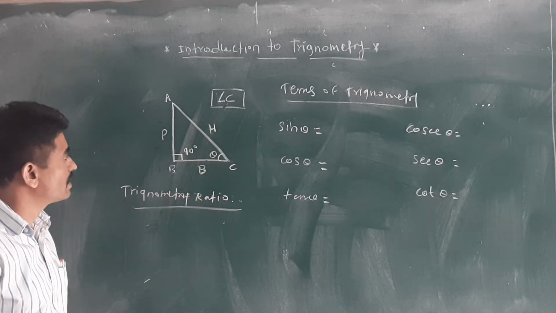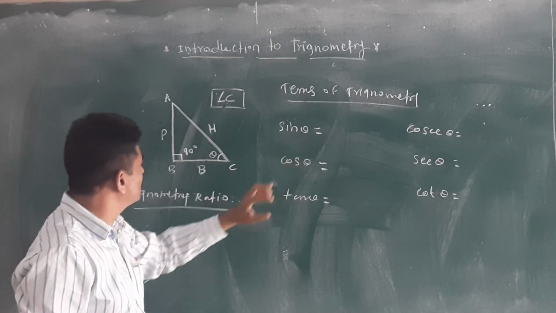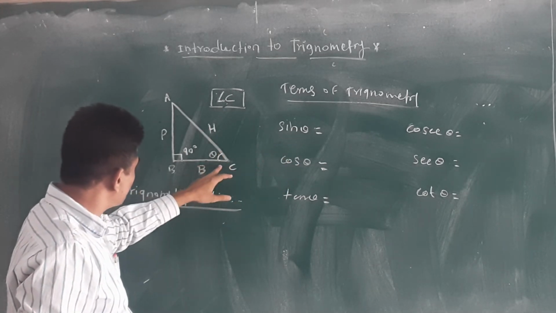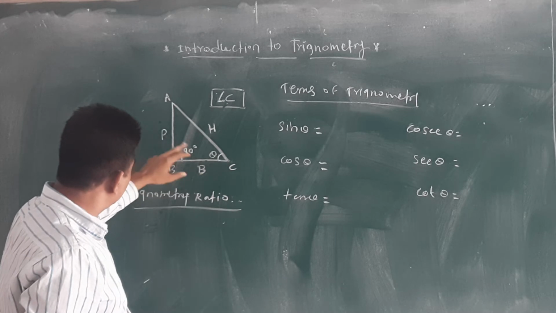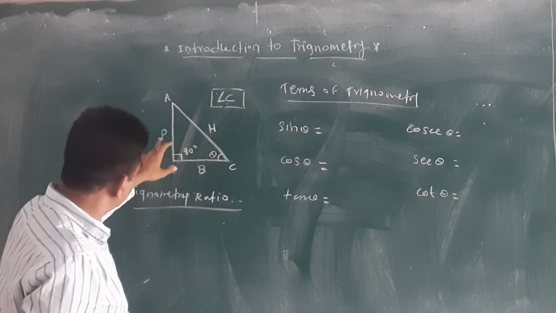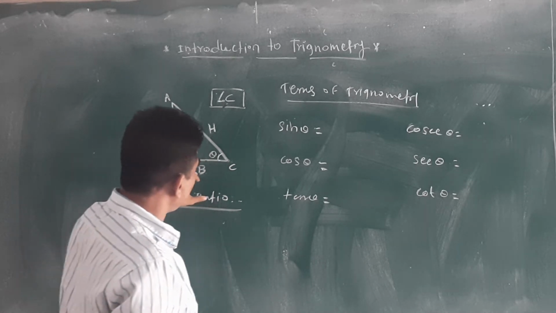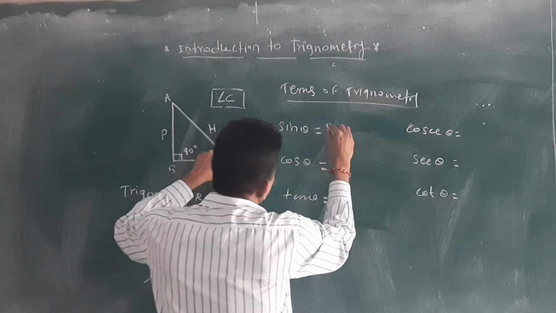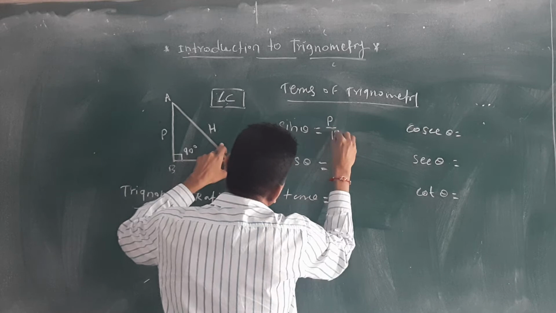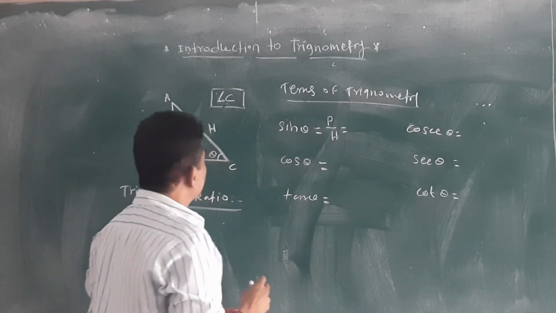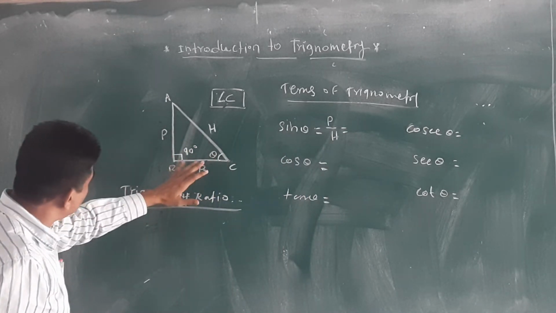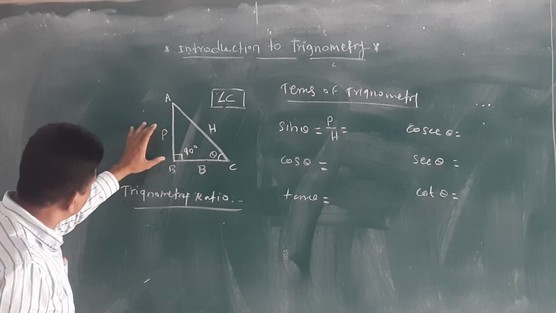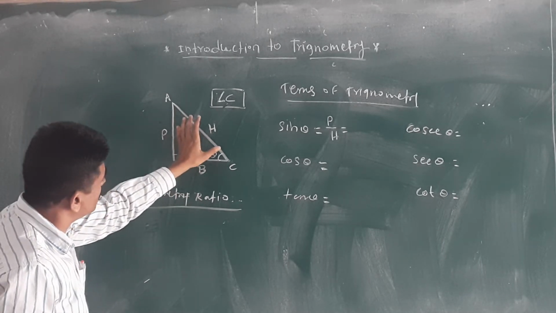Then how to calculate the sin theta? We have considered the angle C. Then see, here is the perpendicular divided by hypotenuse side. I will write here P divided by H, or you can also write opposite side divided by hypotenuse side.